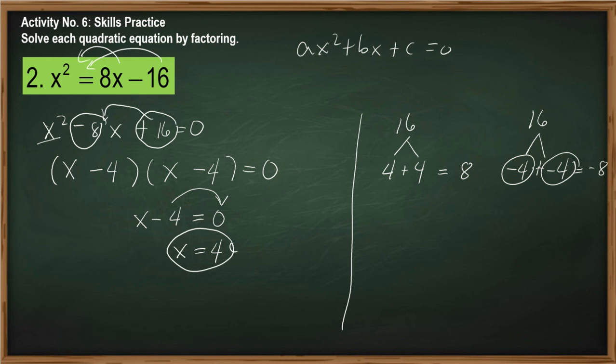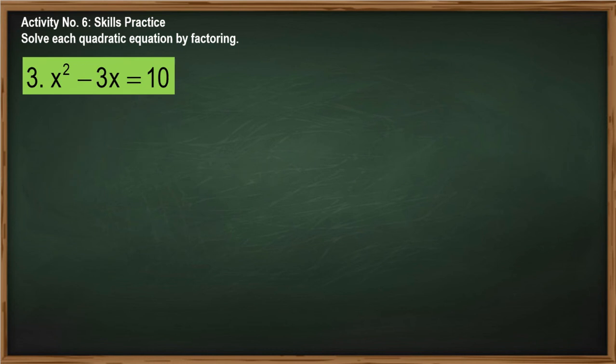Okay, let's have another one, number 3. Pause this video for a while, and then after answering, play it again. So let's answer. We have x squared minus 3x, transpose 10 to the left side so that the equation would be in the standard form.